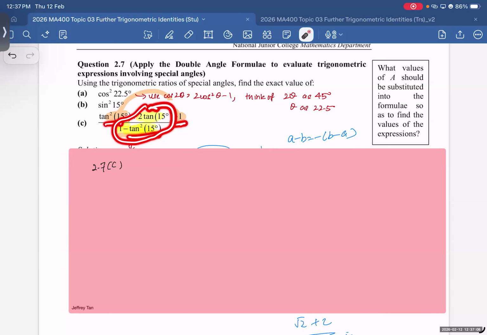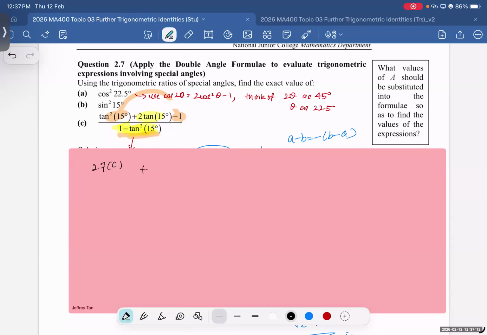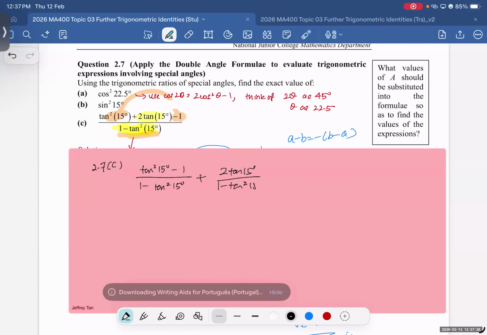I know it's 2 tangent A over 1 minus tangent square A. So I'm going to write it as tangent square 15 minus 1 over 1 minus tangent square 15, plus 2 tangent 15 degrees over 1 minus tangent square 15.